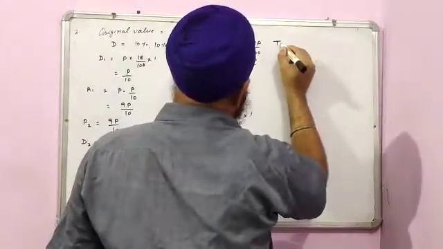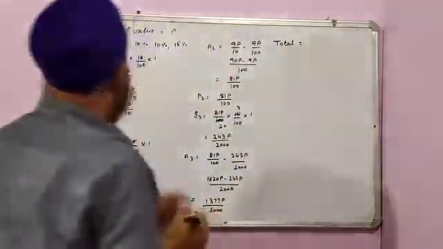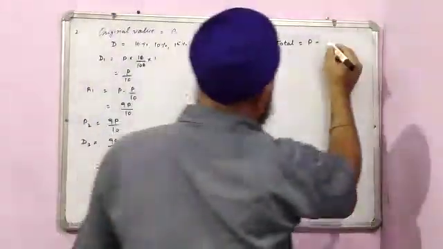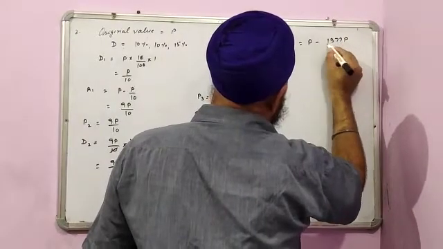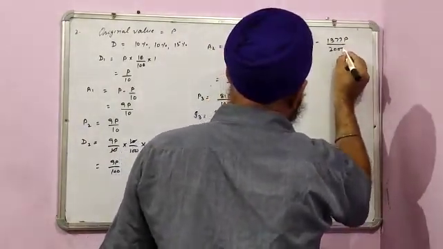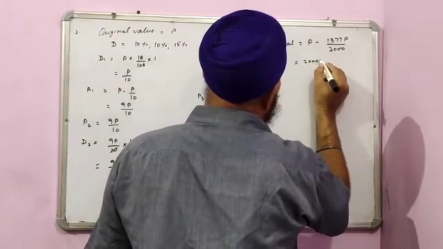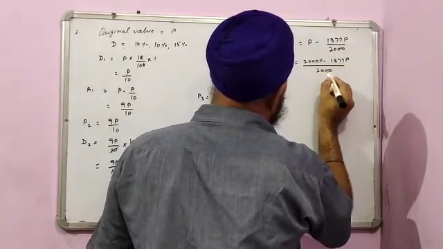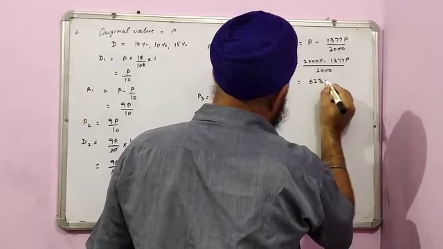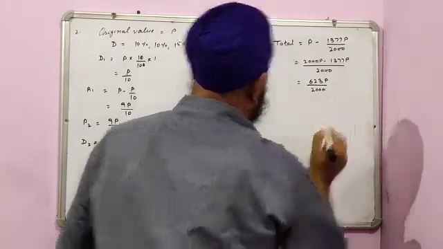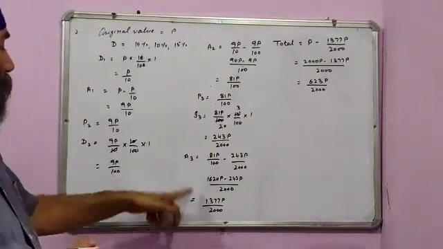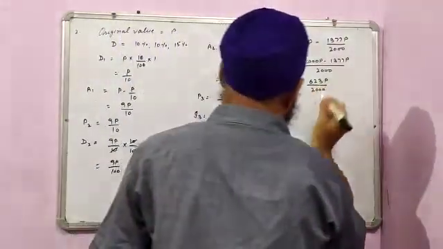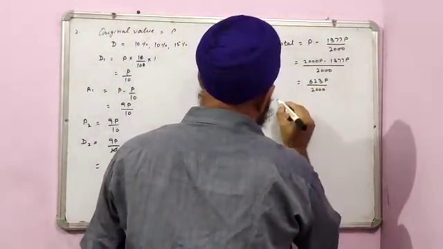Now total depreciation. Original value of machine is P. Final value is this much. When I subtract, I get the depreciation. So I take LCM. So depreciation percent I have to calculate.